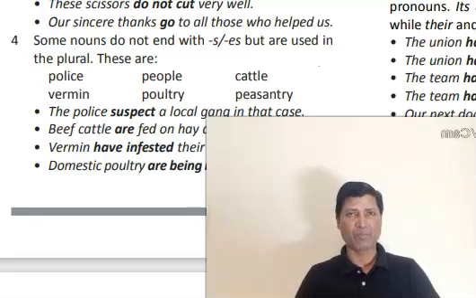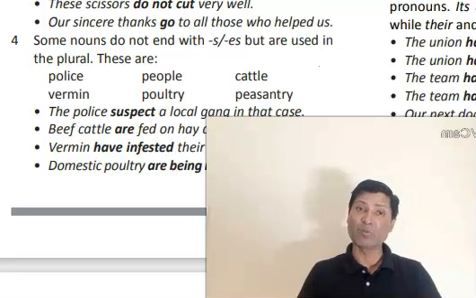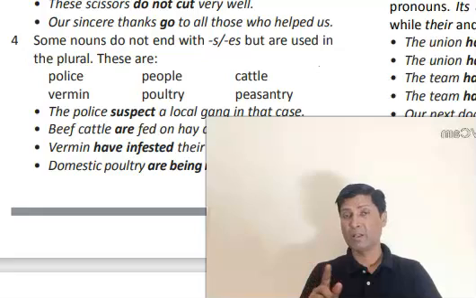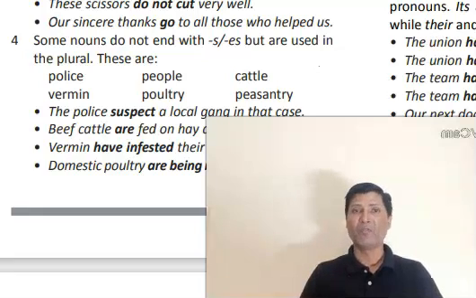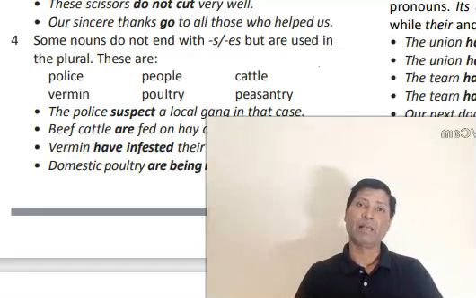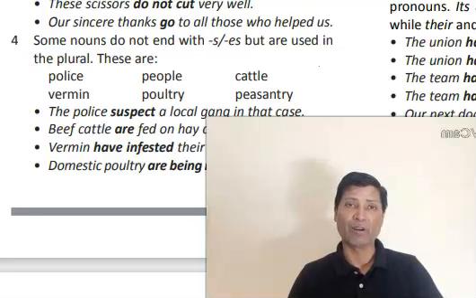Keep it in mind. What will happen if you add S or ES to these nouns? In some cases, the meaning will change, and in some cases, they will become wrong. For example, if you are using S with cattle and you say cattles, it will become a wrong noun.